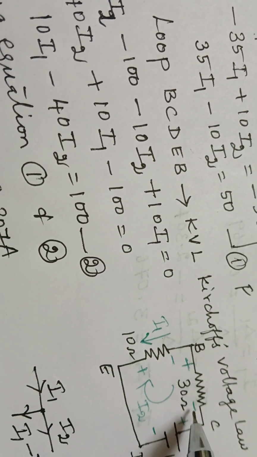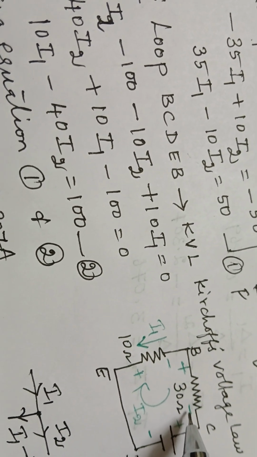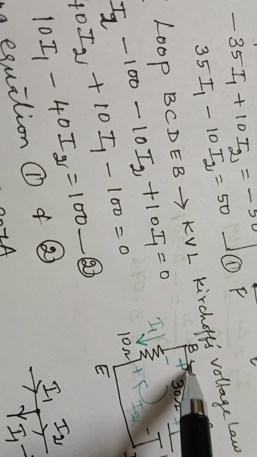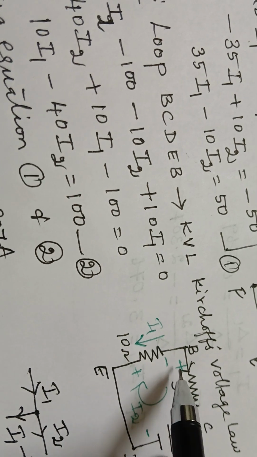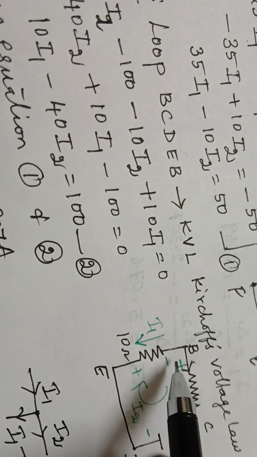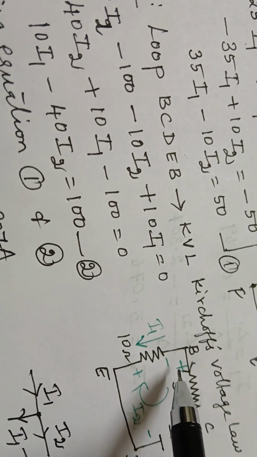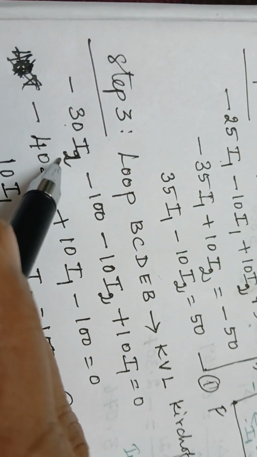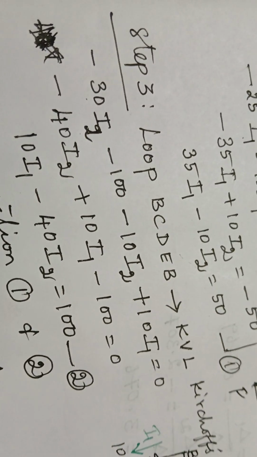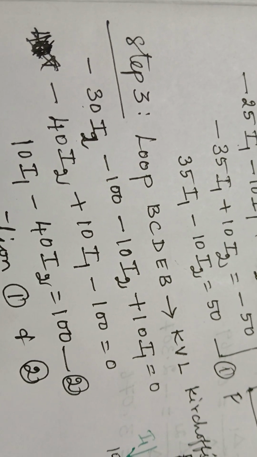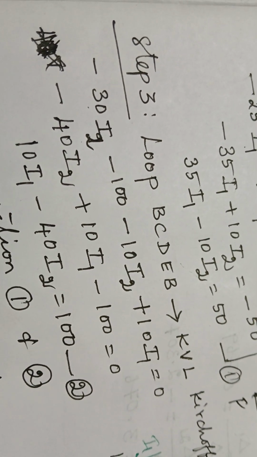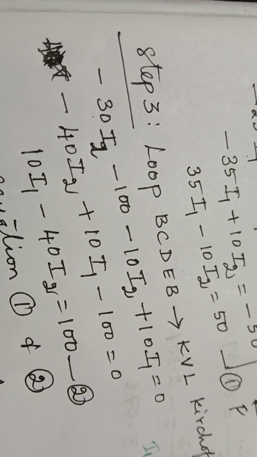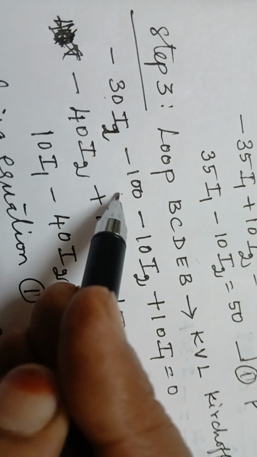Plus to minus means potential drop. This is the current path and this is the loop path, and the current direction and loop direction are the same. Plus to minus is a potential drop, so minus 30 I2. Next it enters plus minus, potential drop, so here it is minus 100.